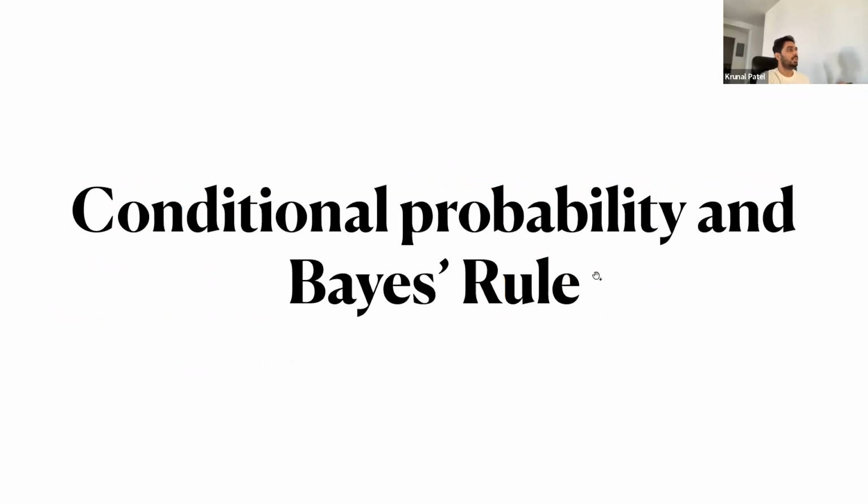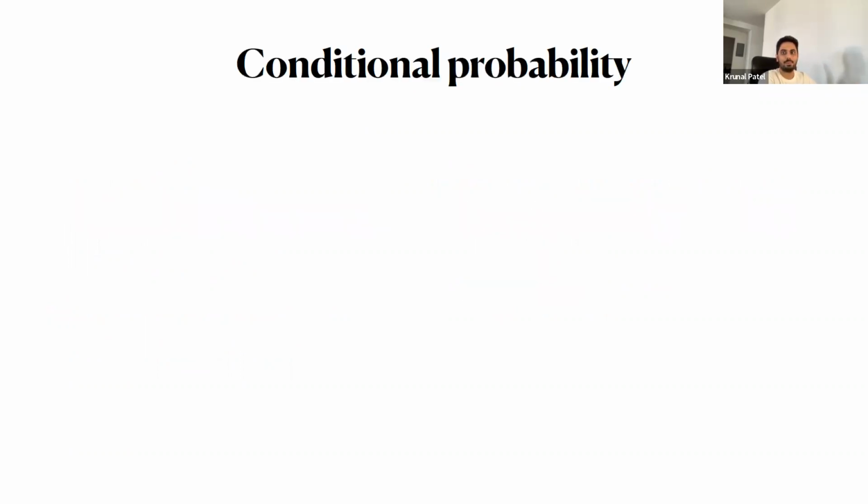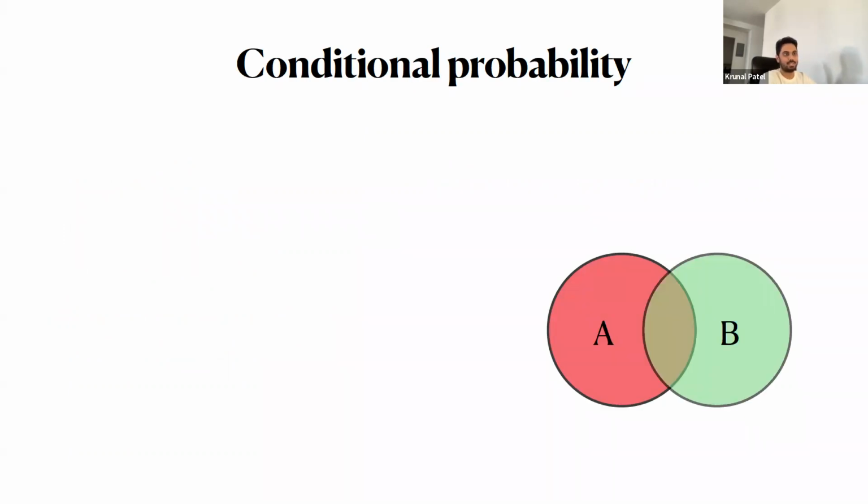Okay, so now let's jump onto something more important, which is conditional probability and the Bayes rule, right? Let's say we have an event, let's call it event A, and we have another event, let's call it event B. And let's say we are interested in finding the probability of A given that event B is always happening, right? In other words, this event B, the green circle, will become our total set of outcomes, or the sample space.